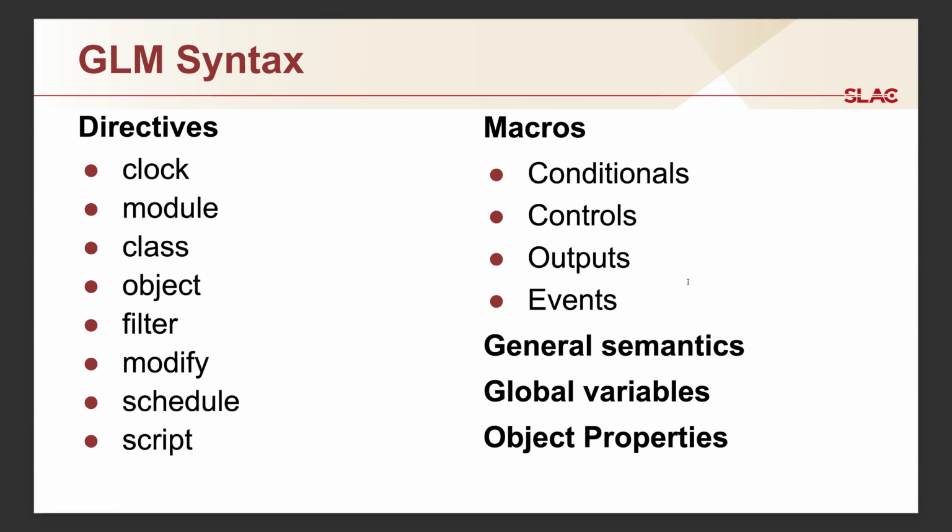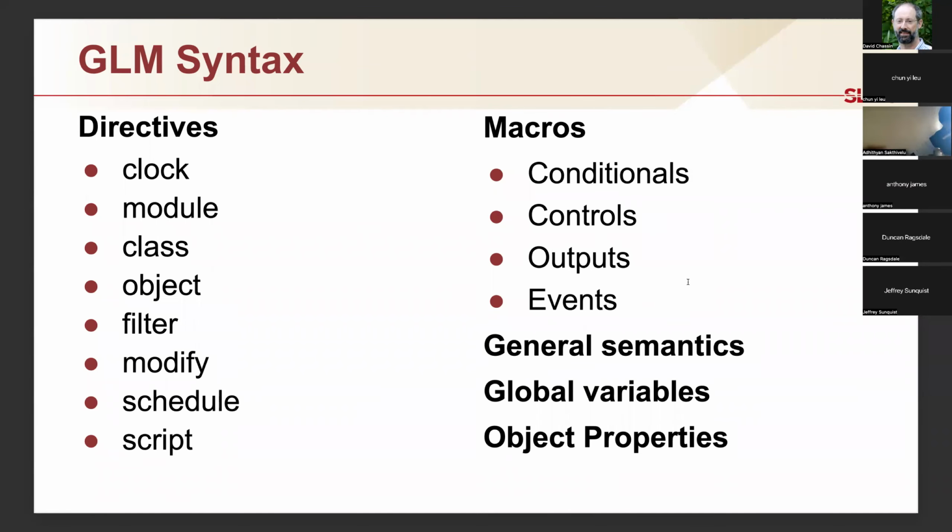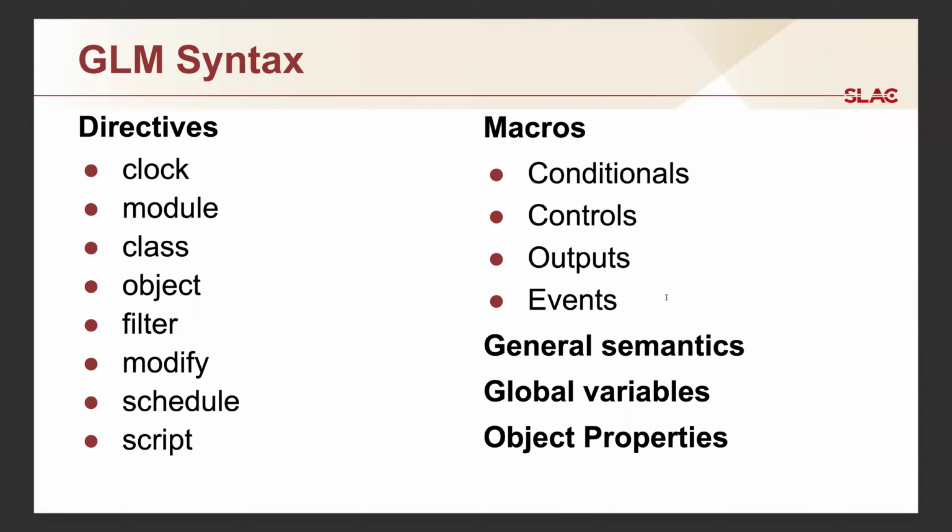There are also macros which are used to manipulate how the GLM syntax is interpreted based on conditions. And do things like control the flow of the loader as it reads the GLM files, and perhaps generate output and other such things that might be necessary as you go along.